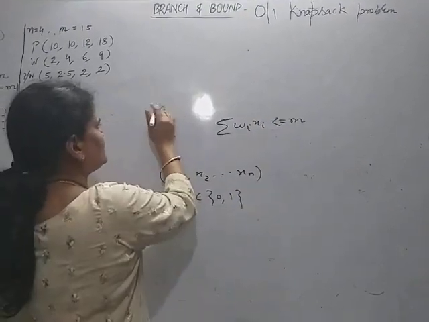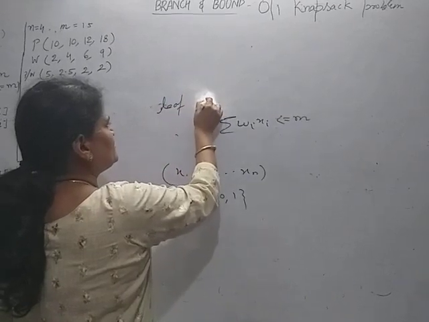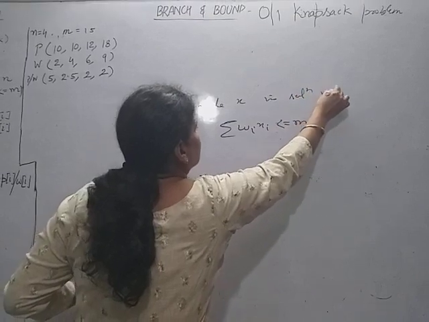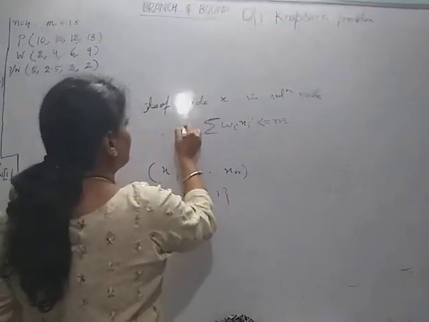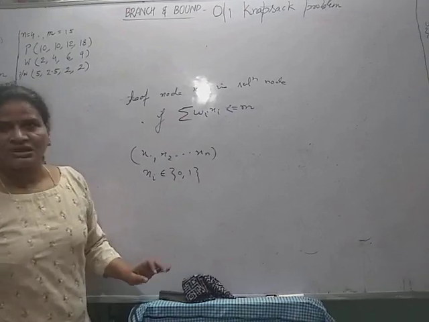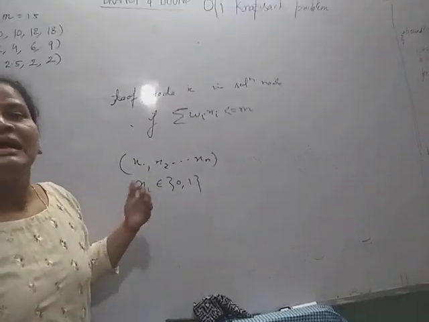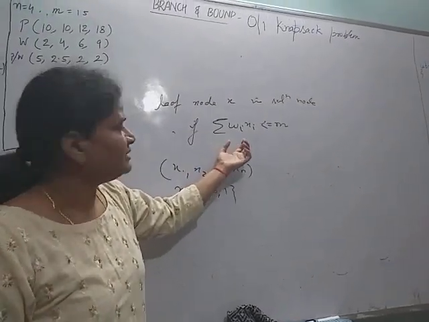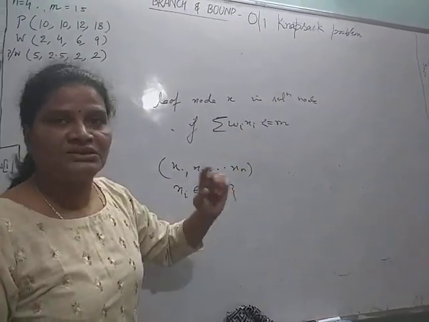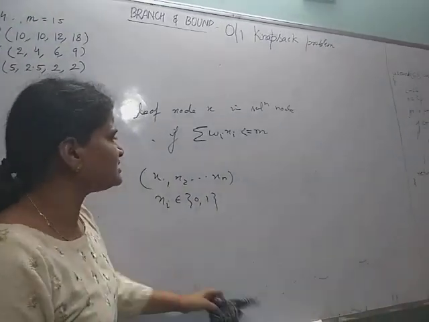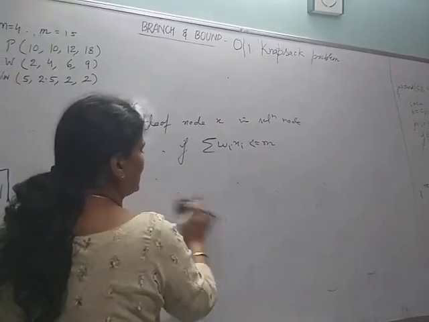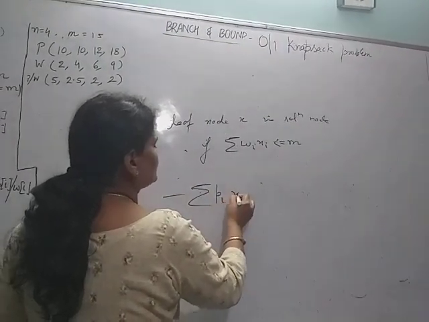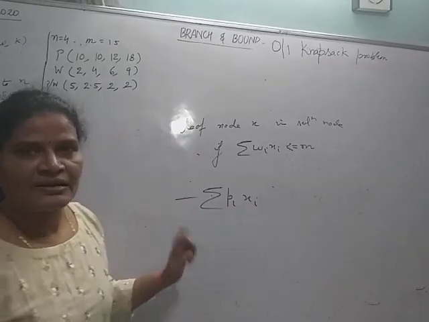A leaf node x is a solution node if this condition holds. All other leaf nodes will be infeasible. There can be a number of solution nodes where this condition is satisfied. Our objective is to find one solution node, the answer node, for which this cost is minimum.